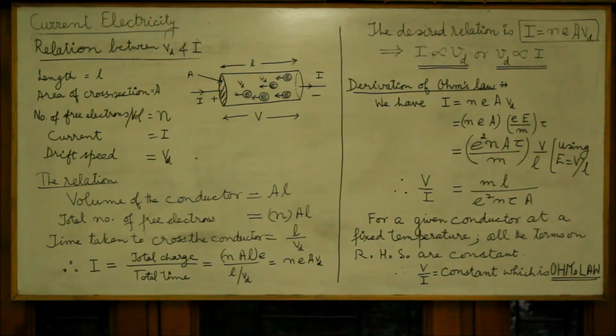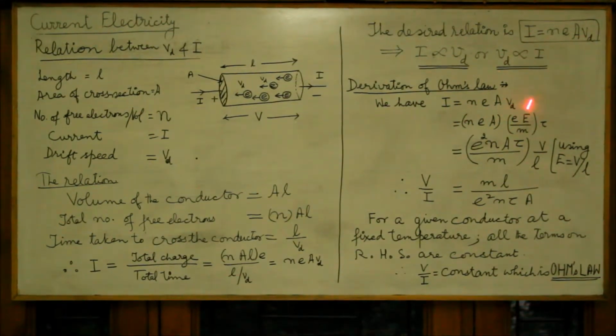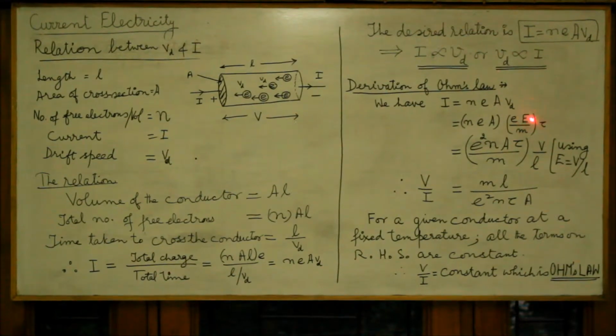Now let's proceed to derive this relation between V and I, or let's deduce Ohm's law from this expression. We have I is equal to neAVd. You already have an expression for Vd as capital E upon m into tau, where capital E is the electric field and tau the relaxation time.